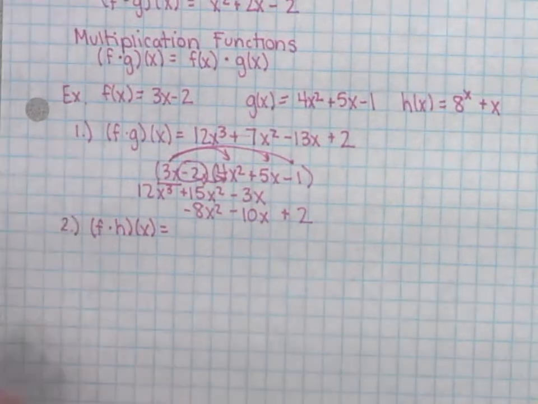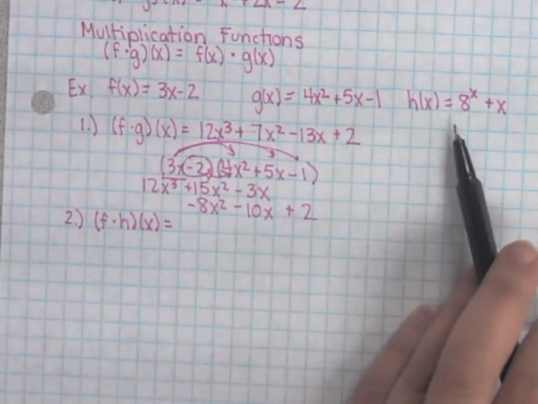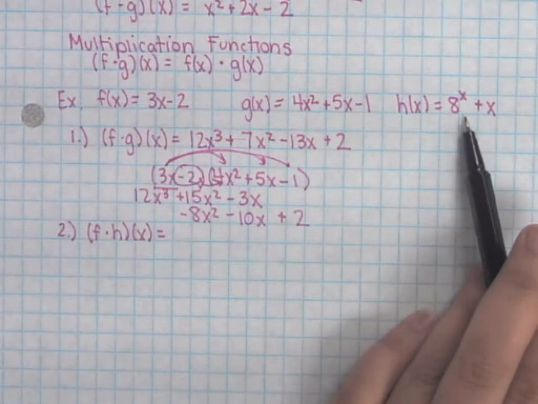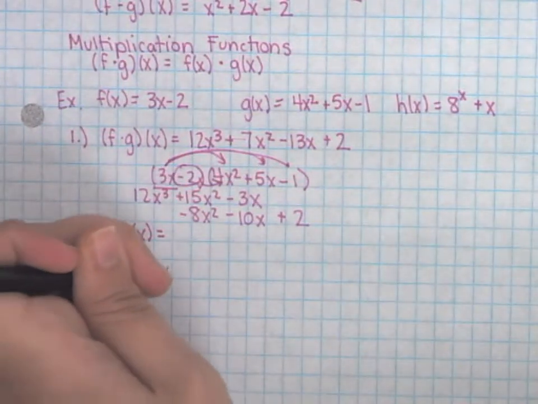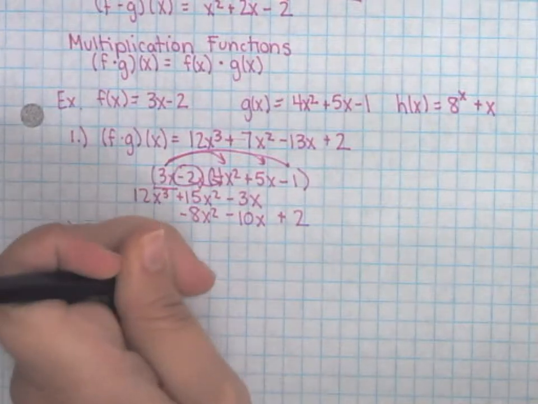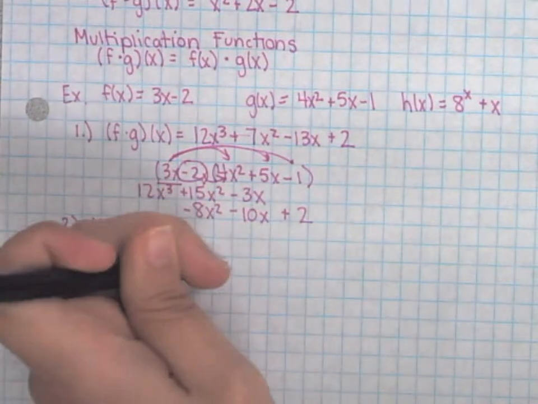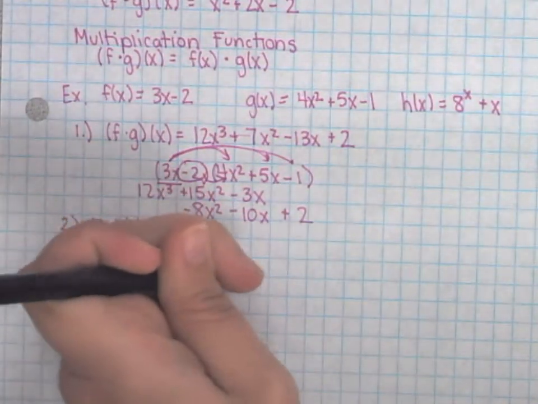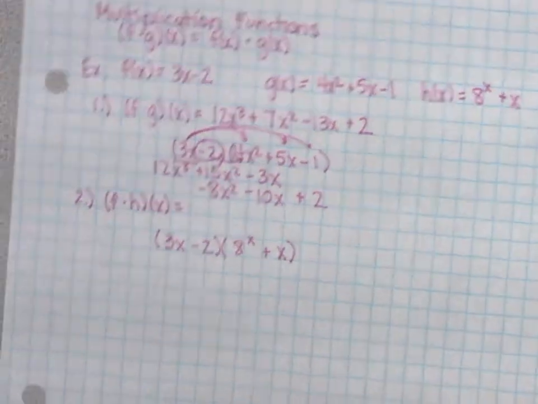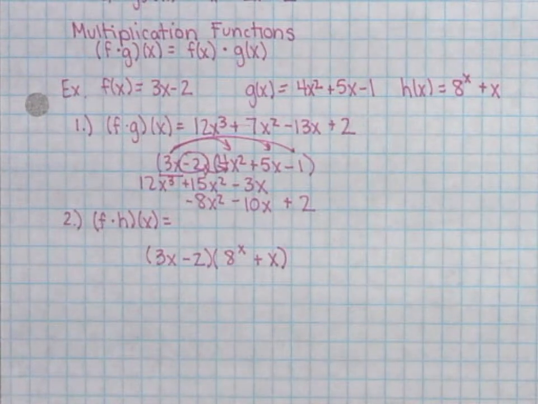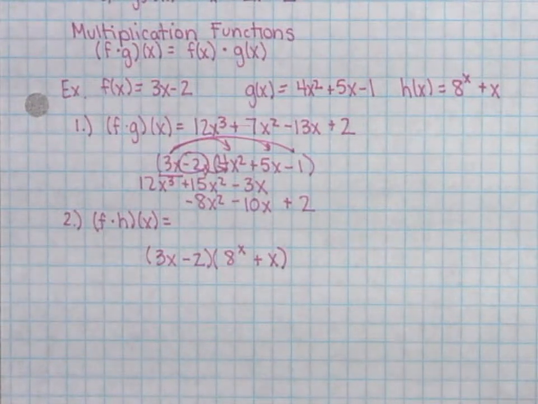Okay, so this one's a little weird because h is weird. Right? So you write it out. 3x minus 2, 8 to the x power plus x. You're like, oh, this seems really easy, but it's not.